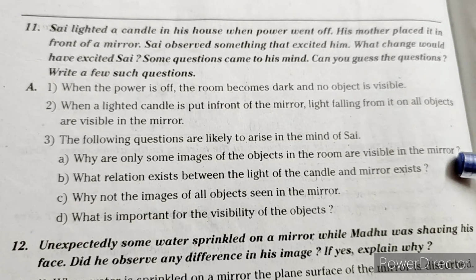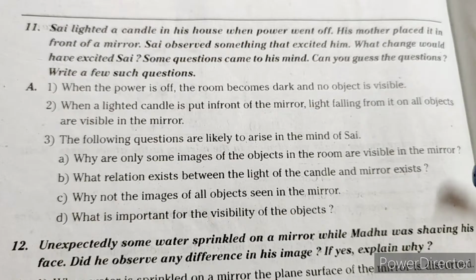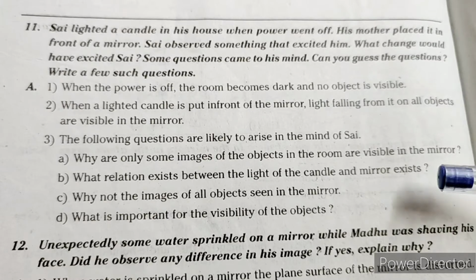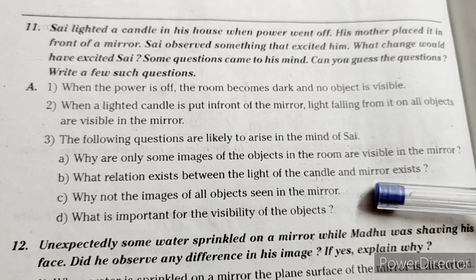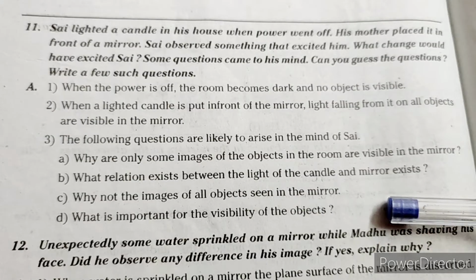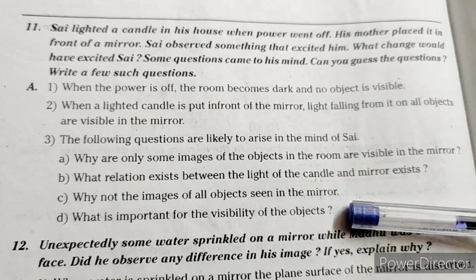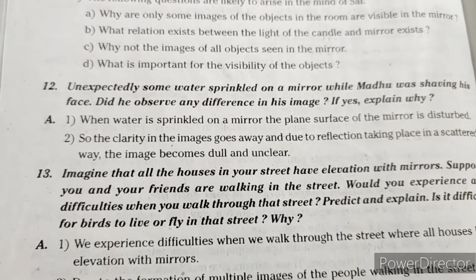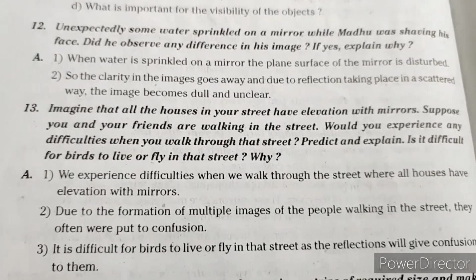Why are only some images of the objects in the room visible in the mirror? What relation exists between the light of the candle and the mirror? Why are the images of all objects not seen in the mirror? What is important for the visibility of the objects? Okay. You can frame your own questions also.